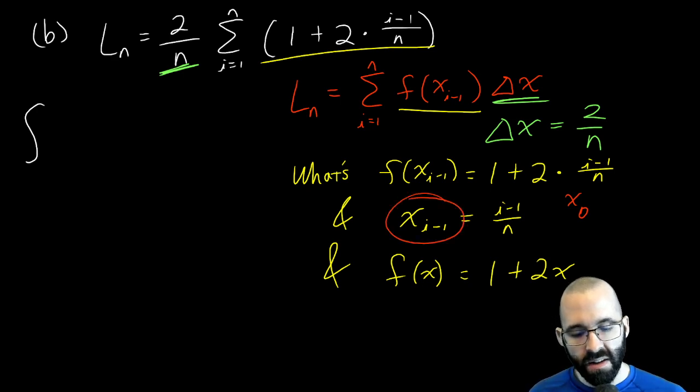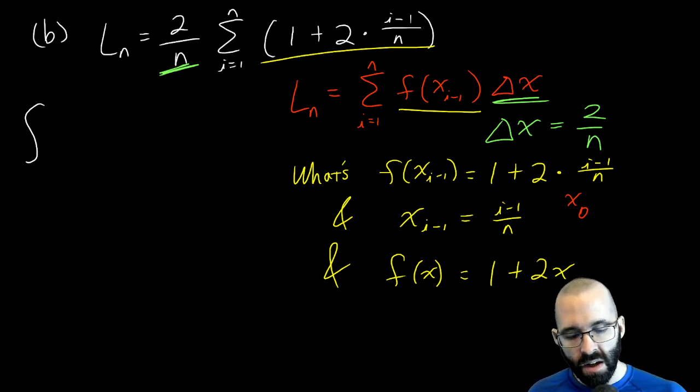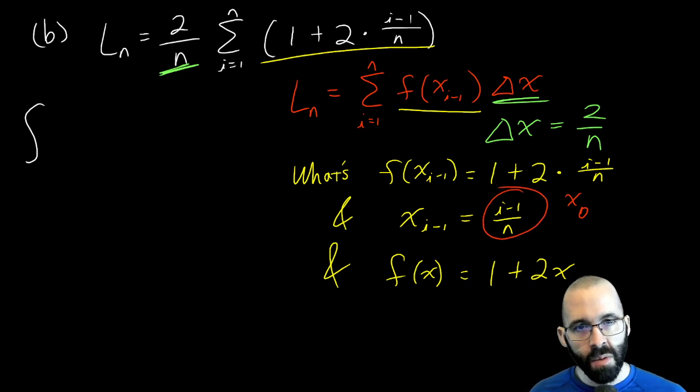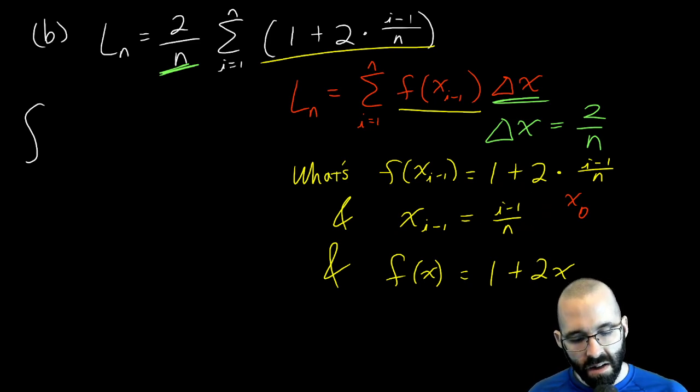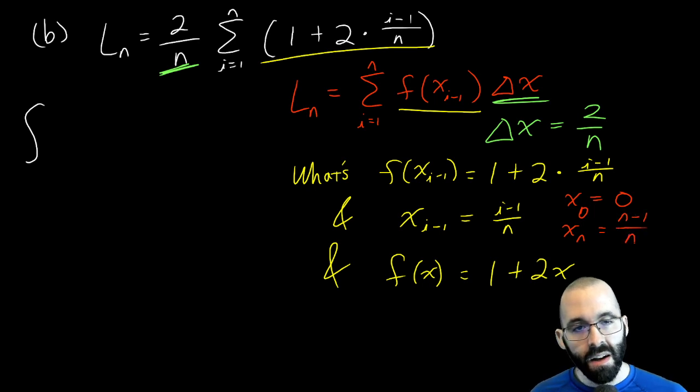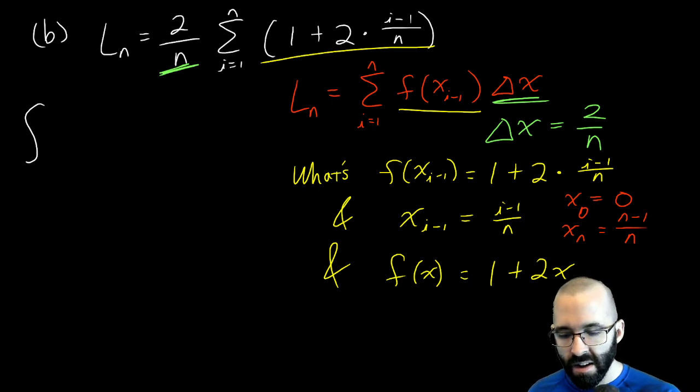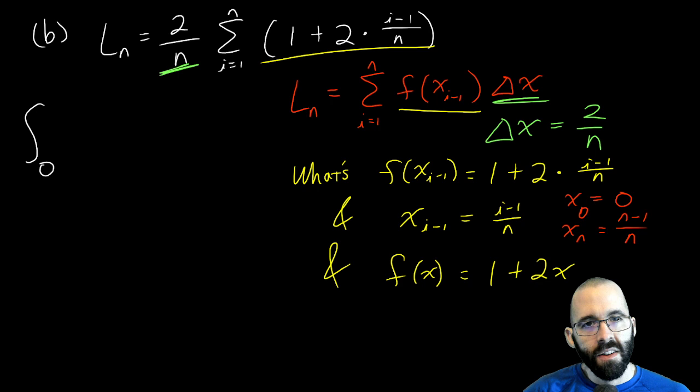When i is 1, we get x sub 0, which is 1 minus 1 over n, so the first one is at 0. Where's the last one? That's when i is n. It's going to be at n minus 1 over n. So as the number of rectangles goes off to infinity, as n goes off to infinity, the first rectangle starts at 0, and the last rectangle is at n minus 1 over n.